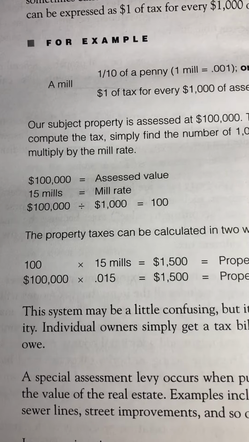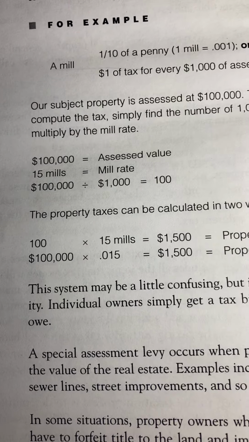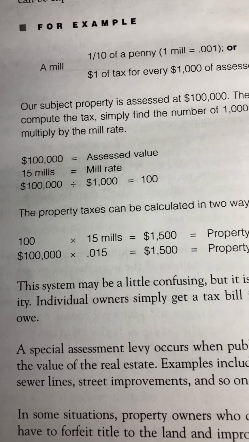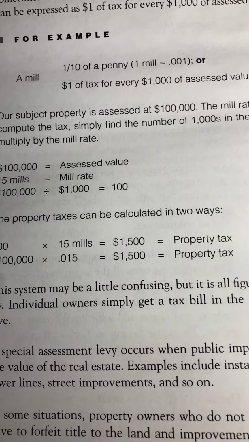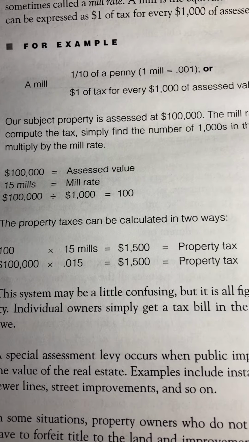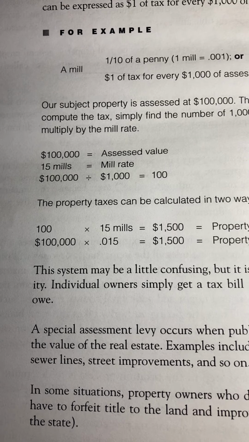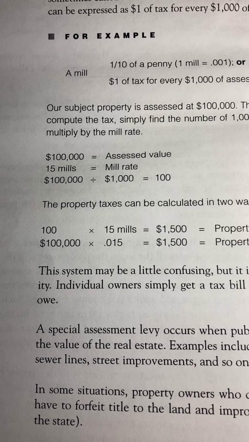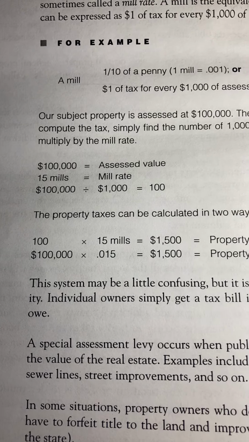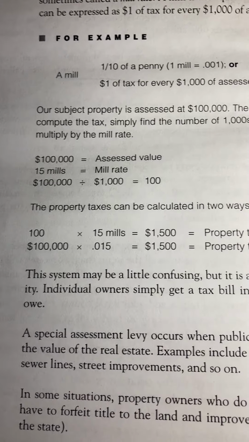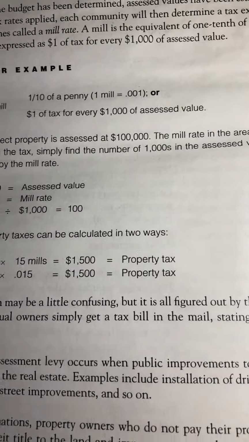The property taxes can be calculated in two ways. 100 multiplied by 15 mills equals $1,500 equals property tax, or $100,000 multiplied by 0.015 equals $1,500 equals property tax.